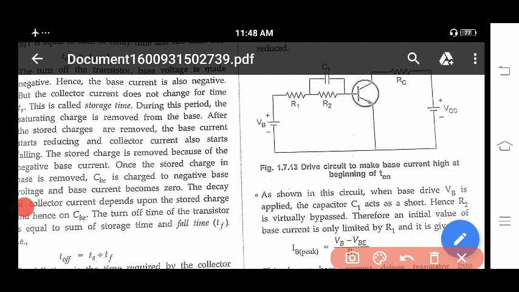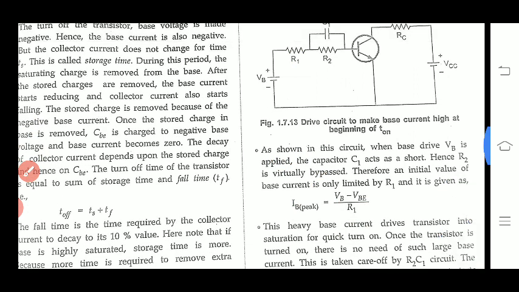When base drive VB is applied, capacitor C1 acts as a short circuit because it is not charged at all. Hence R2 is virtually bypassed. Therefore, the initial value of the base current, IB peak, is limited only by what? R1. So you can write IB peak equal to (VB minus VBE) divided by R1.